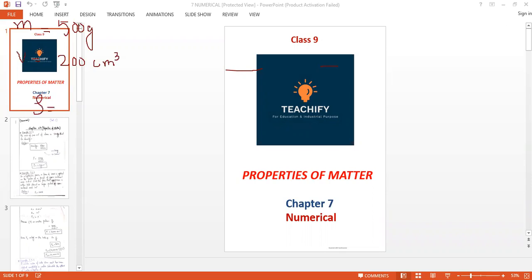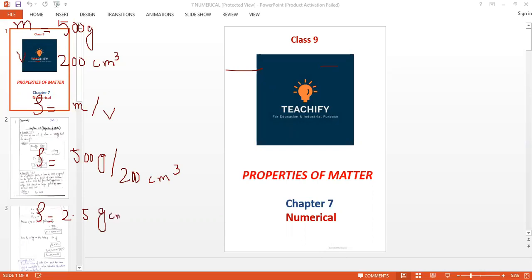As density is equal to mass by volume, so density equals 500 gram divided by 200 centimeter cube. So density equals 2.5 gram per centimeter cube.